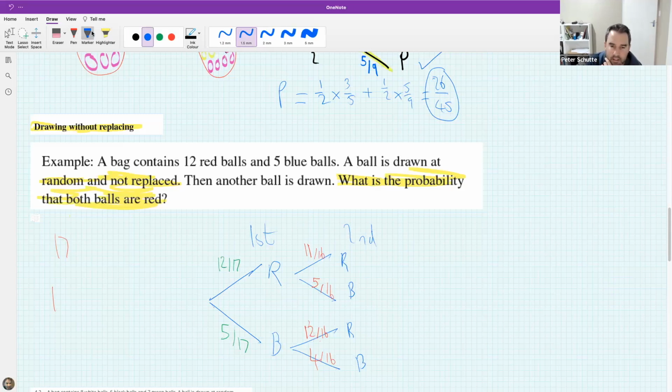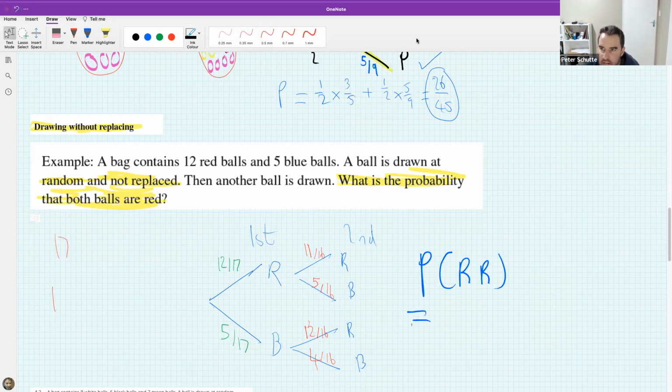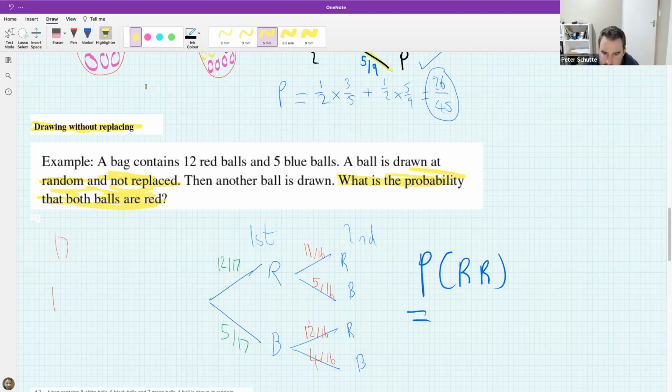What is the probability of that happening, of getting a red and then a red? What branch of the tree am I going to be dealing with? I think it has to be that branch. What are we going to get for our answer?